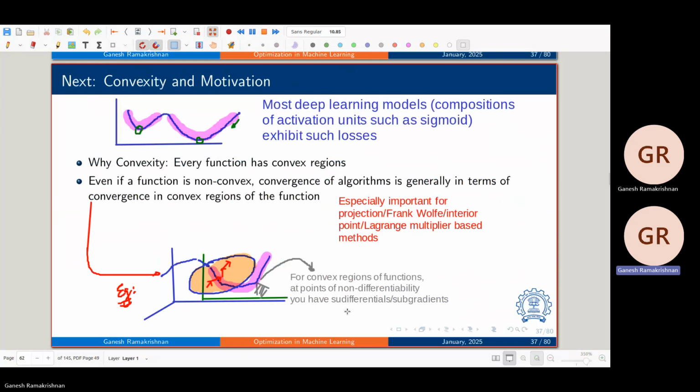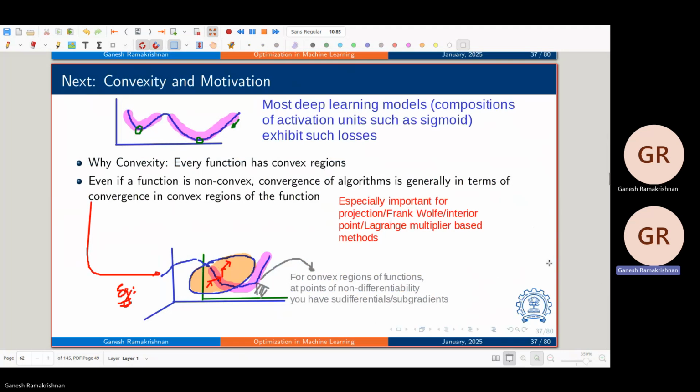And even for convex functions, when you're looking at non-differentiability, you look at subdifferentials or subgradients, which emerge for non-differentiable convex functions, and they have a lot to gain from understanding convex sets, especially the supporting hyperplane theorem and all that. In fact, even Frank-Wolfe and interior point methods all leverage convex set properties.